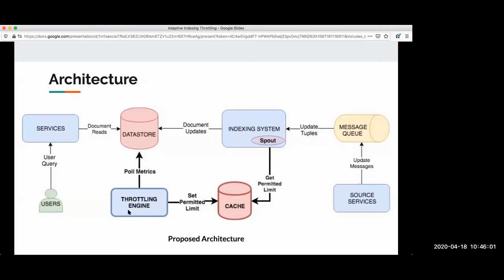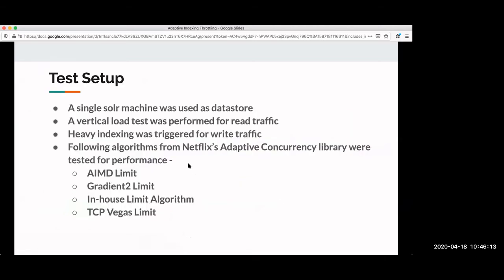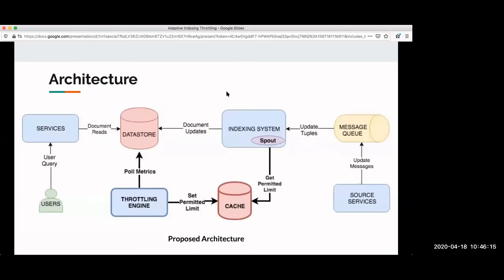Then it will try to come up with a limit for both the data stores independently. It will say, okay, Solr can do 1000 per second and Redis can do say 500 per second or something like that. So the throttling engine calculated a limit and pushed it to a central cache.